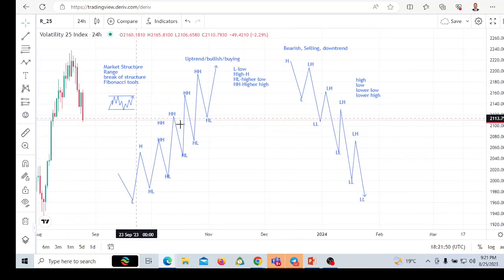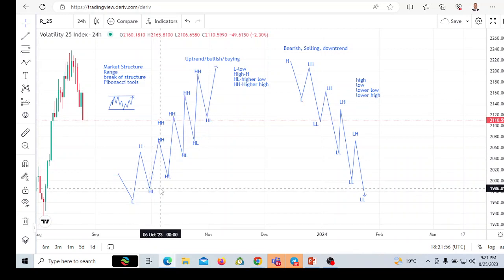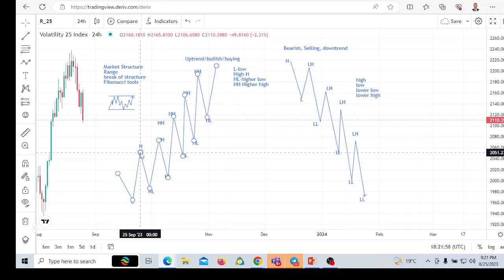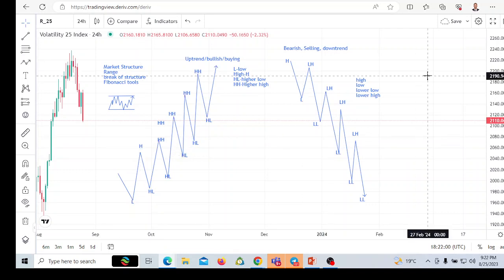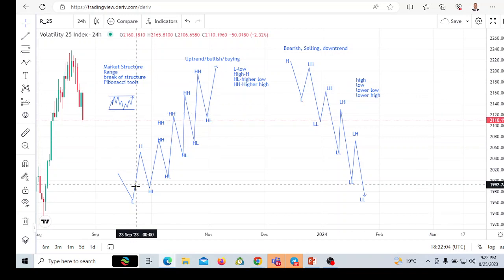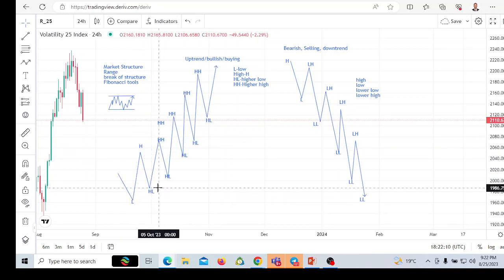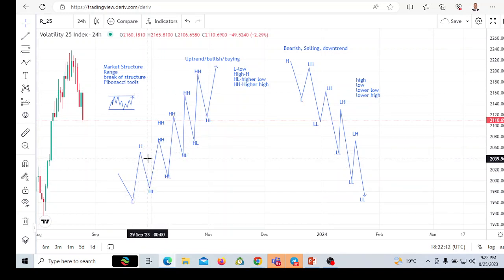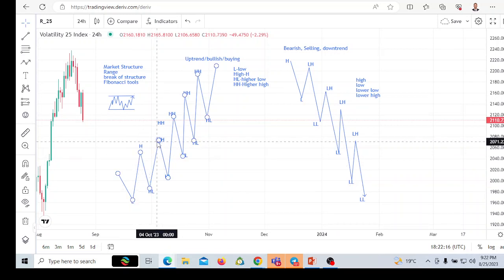So what happens is we try to buy from these low regions. For example, let's say this is 0, this is 50, this is 20, and this is 100.